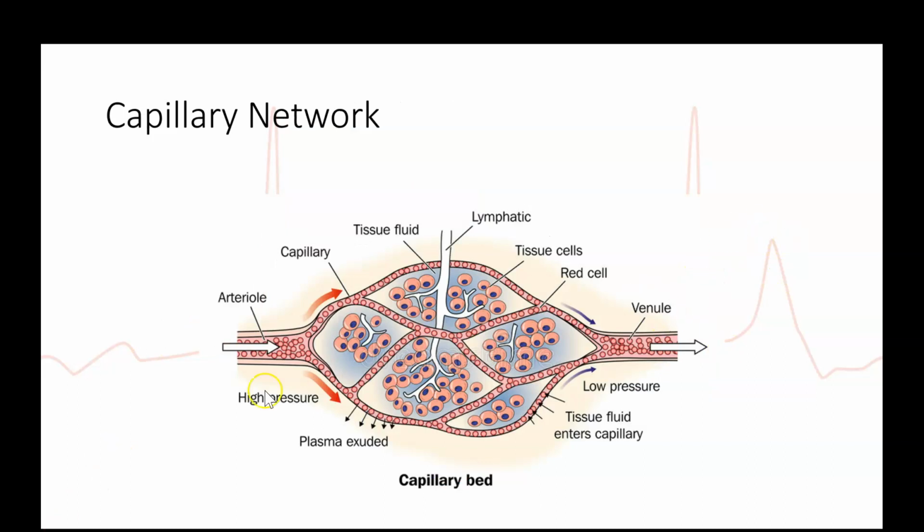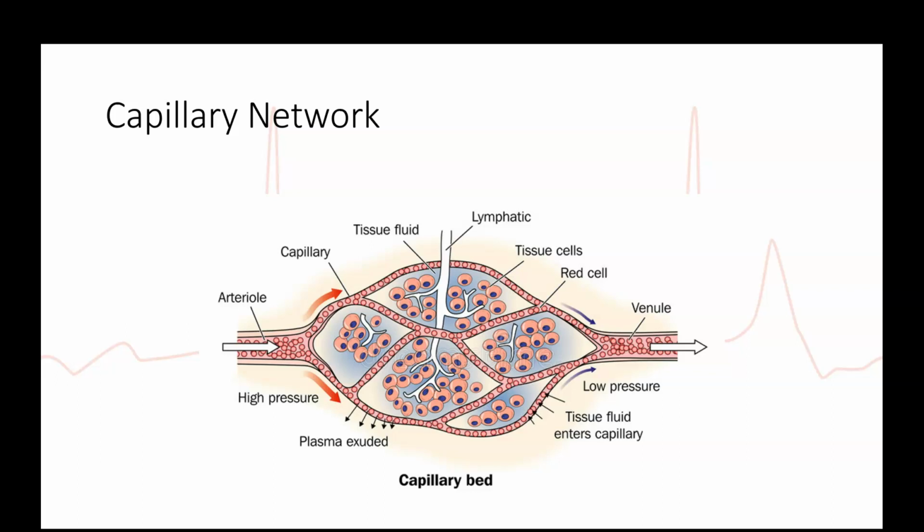Okay, so to sum up from these different branches, we're going to talk about this capillary network. So many capillaries branch off of the arterioles. So we have a very wide capillary network relative to the dimensions of each individual vessel. The network itself is very wide, but each vessel is very, very small, very, very narrow. The vessels themselves are very small in diameter individually, but the amount of vessels gives us a large, vast network.